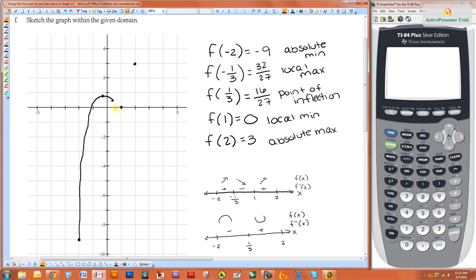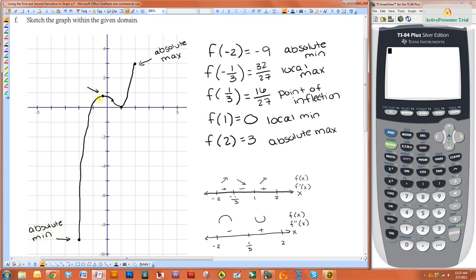Now this is a point of inflection, so it needs to change concavity, so now I need to change it up. This was my absolute or global max. This is my absolute min.